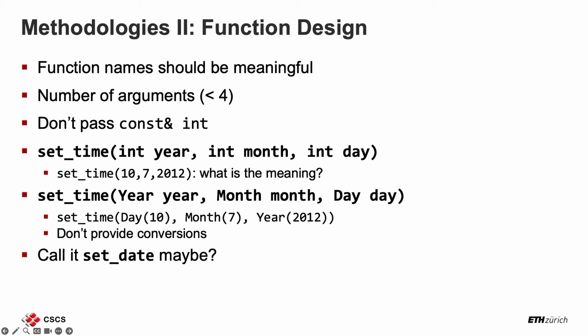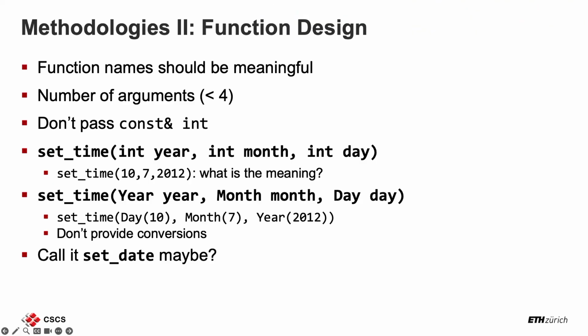So instead, in C++, you can define types. This is kind of a silly example, but just to convey the point: I can do day 10, month 7, and year 2012. When I call my function, which accepts a day, a month, and a year, this will give me a compilation error because it cannot convert day to a year type, right?